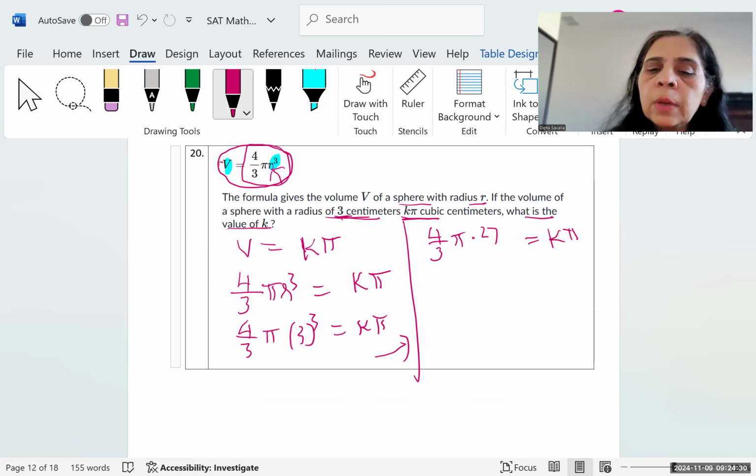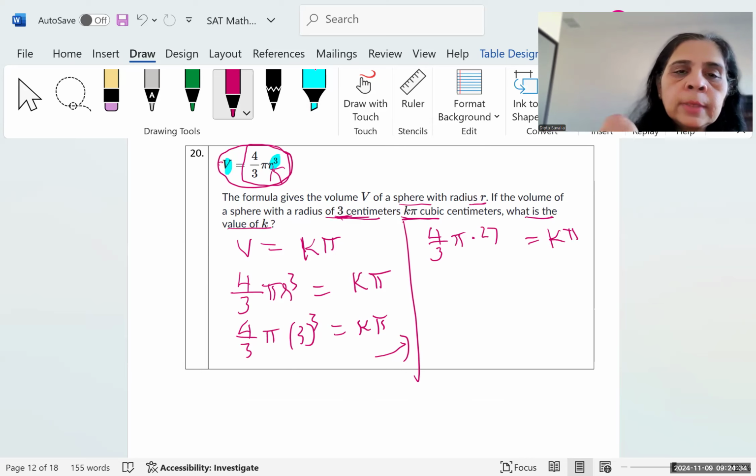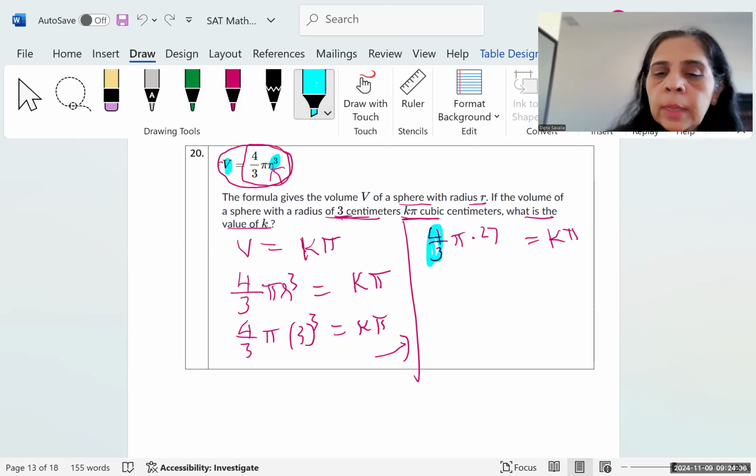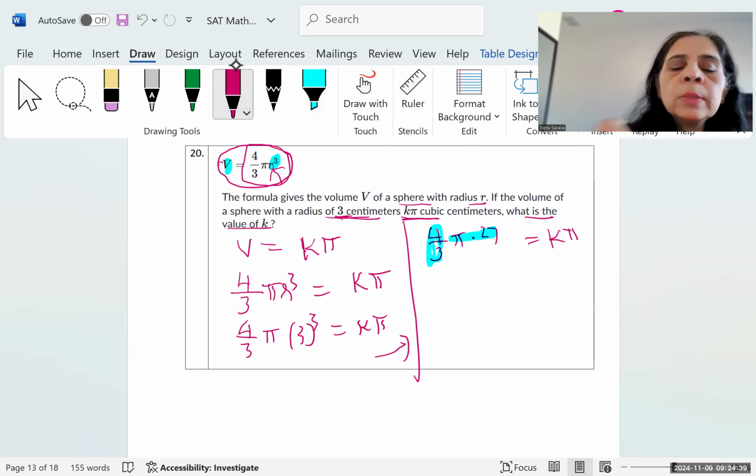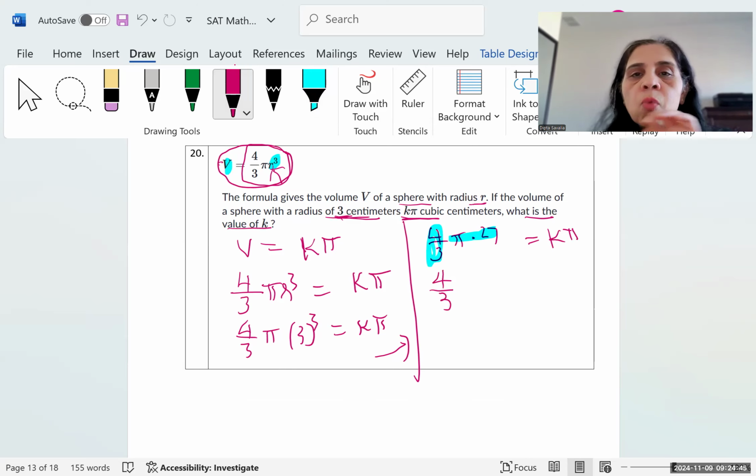Most students get confused here because I have a fraction here and a whole number here. So how will I solve this? My first number is a fraction. Anytime you have one part a fraction and the other a whole number, you can write 1 under it.